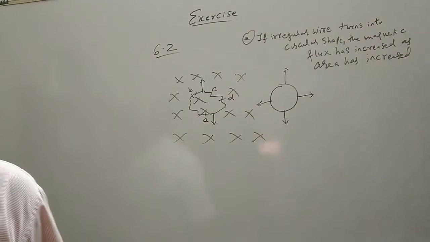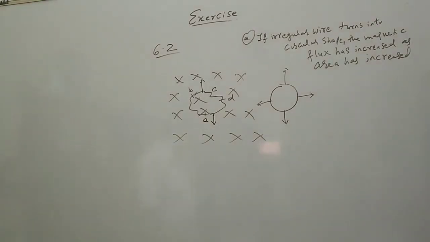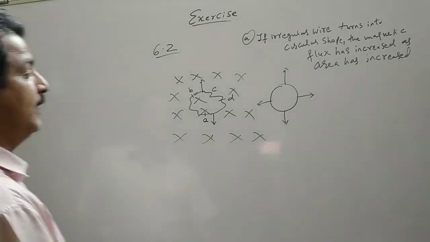What will happen? See the diagram. If the irregular shape converts into a regular shape, then more number of the field lines will pass through it because the magnetic flux has increased.